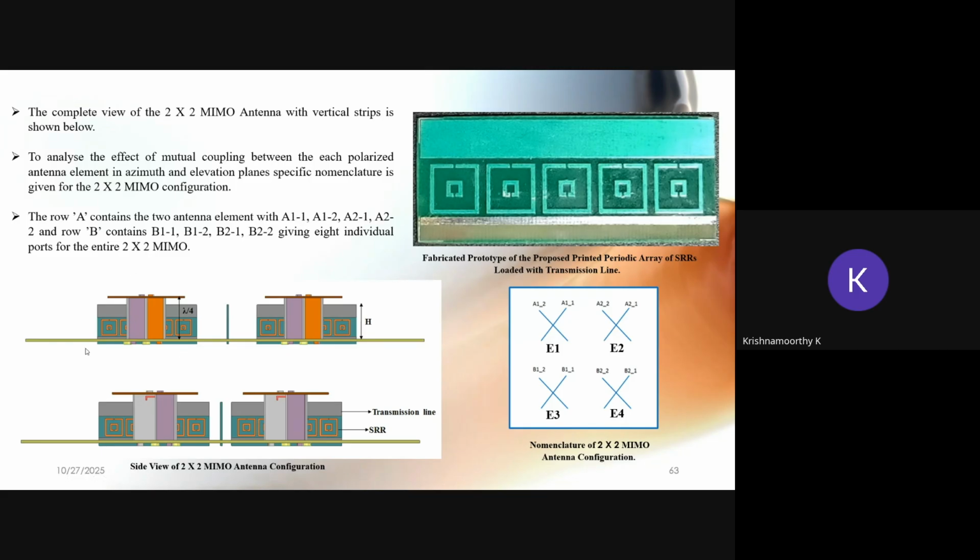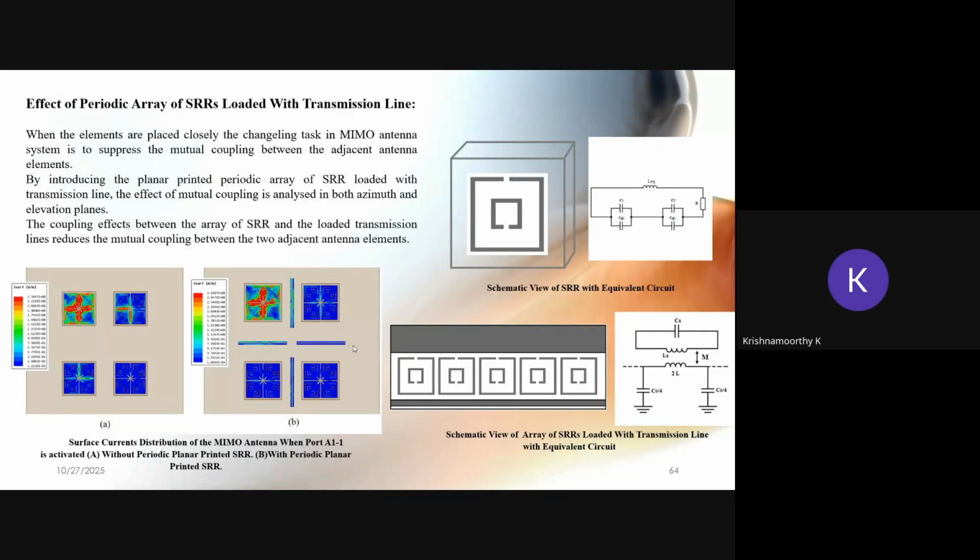This is the feed structure for the two antennas, the two crossed dipole antennas, and this is the isolation element we are going to keep. The performance of these SRRs on the isolation is simulated using the surface current distribution.